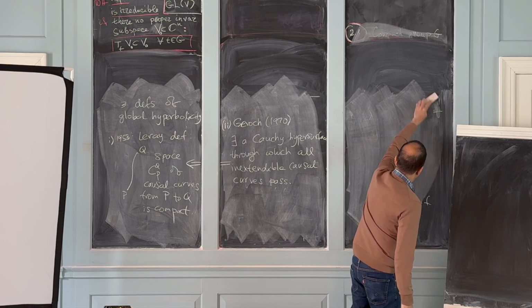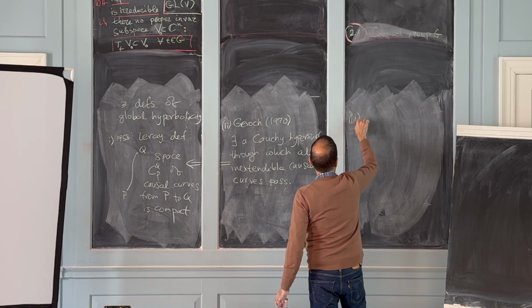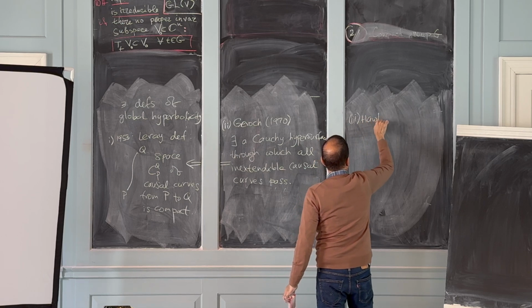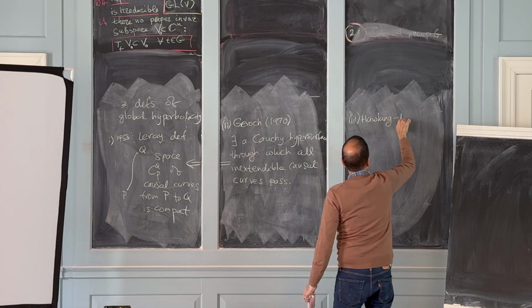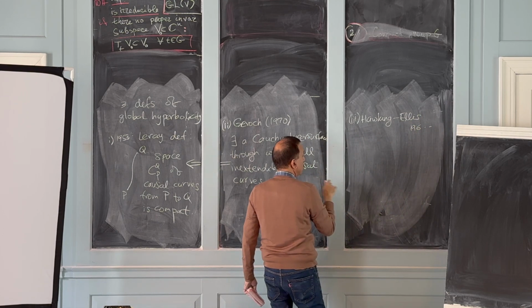And there's the third definition, which is intermediate in terms of history. This is Hawking and Ellis. This is probably around 1960 something, so it's before this.